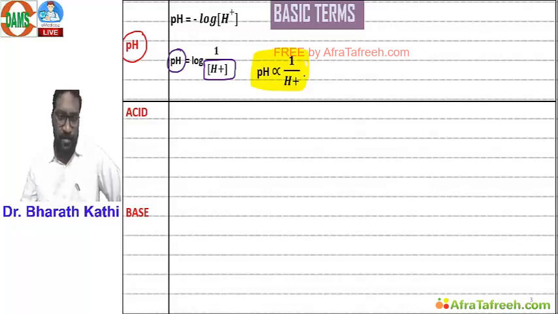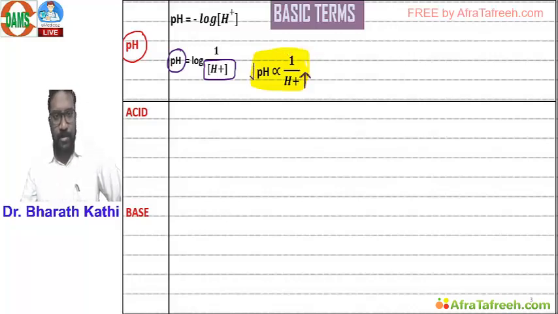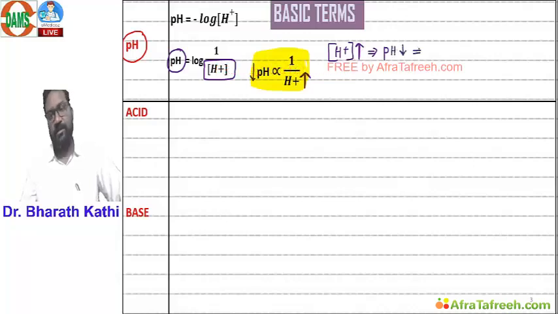That means if H plus is increasing, automatically pH will decrease. Possibility 1: if in a patient's body H plus increases, automatically pH will decrease. Any decrease in pH in chemistry is called acidosis.